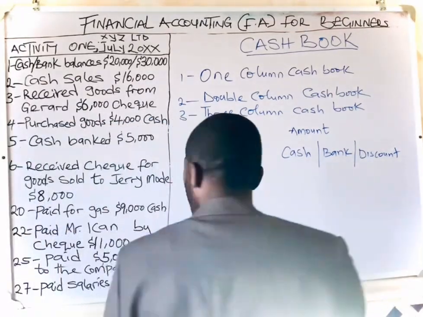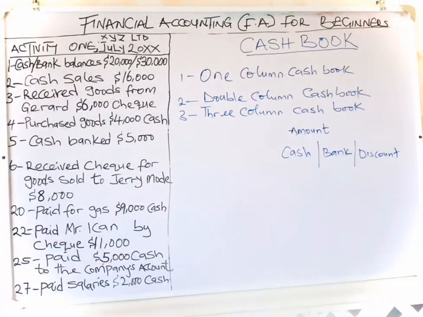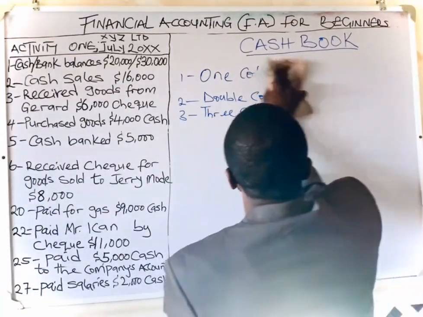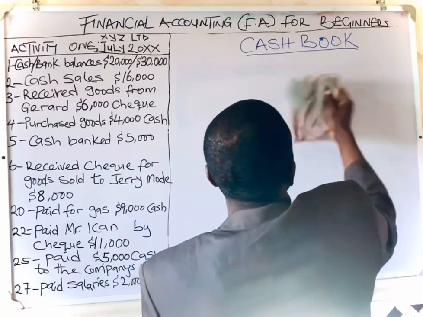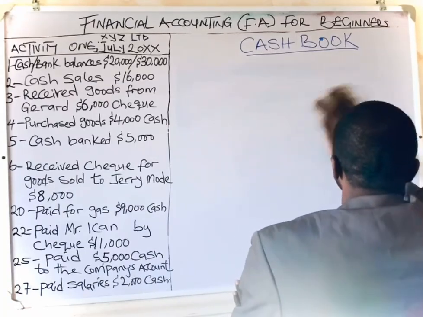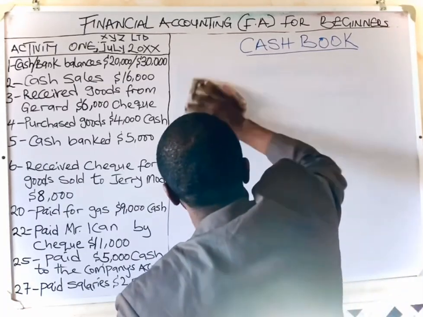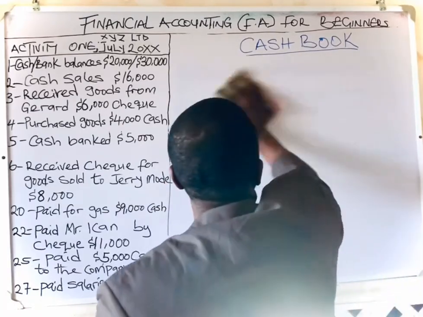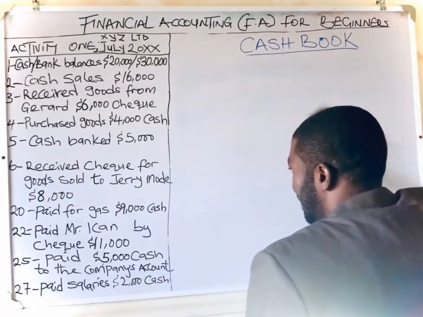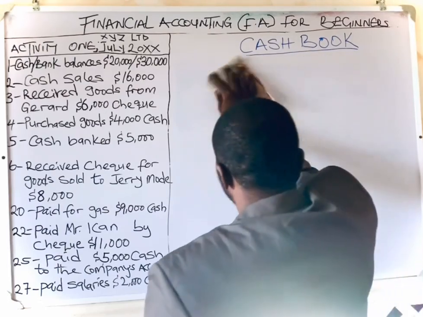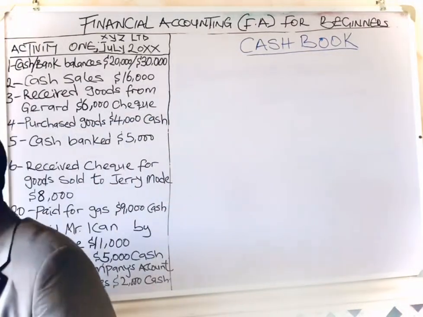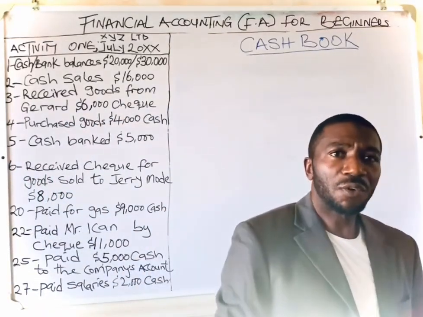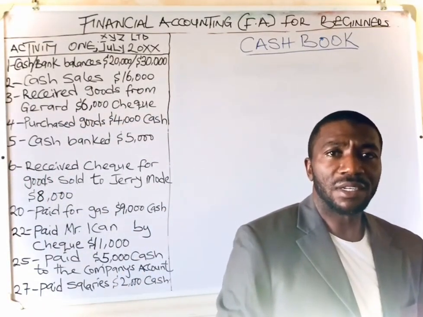So let's begin with the 2 column cash book. There is a column for date, and there is the column for folio, ledger folio, and it is general.